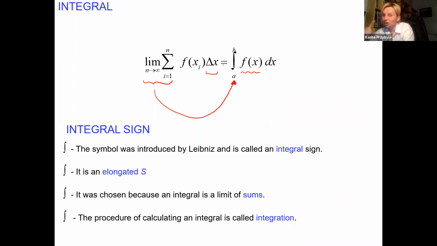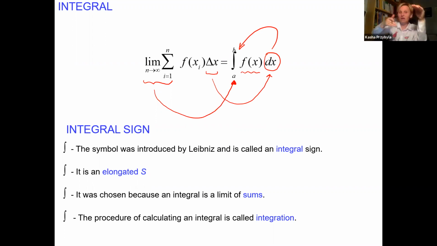But for the integral symbol, this becomes dx, and dx doesn't really have meaning on its own. It only indicates that we will be slicing the x-axis, because we can also do everything with respect to y or z, like in Calculus 3. But this dx doesn't really have a value. It's not that I'm multiplying.